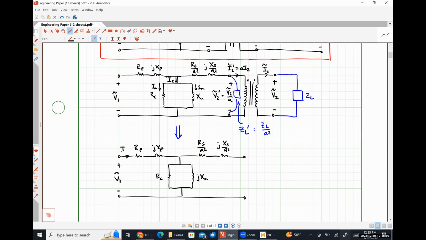Let's call this I1. This current is I2, this voltage is V2 over A. This is what's known as the T equivalent circuit for a transformer.